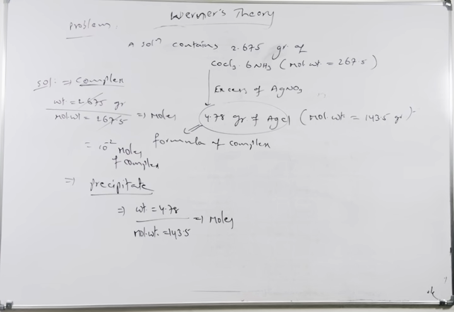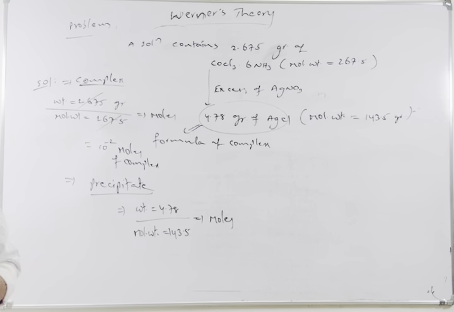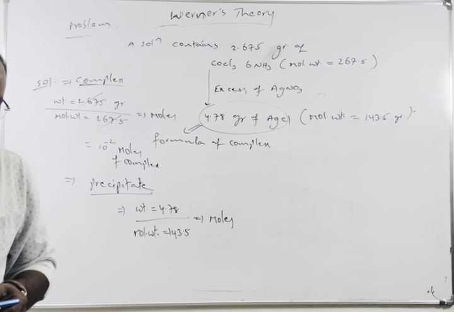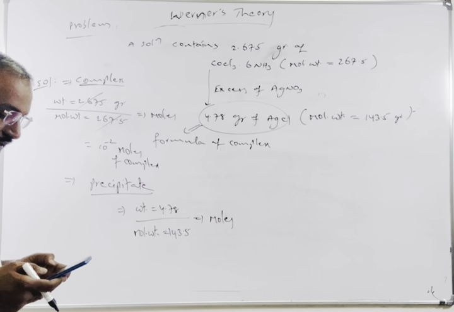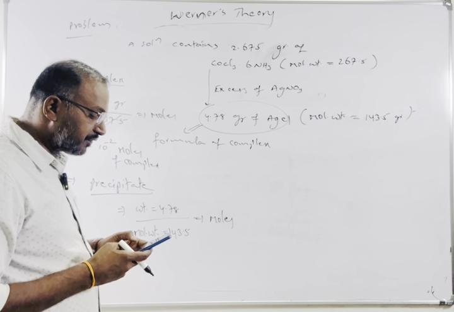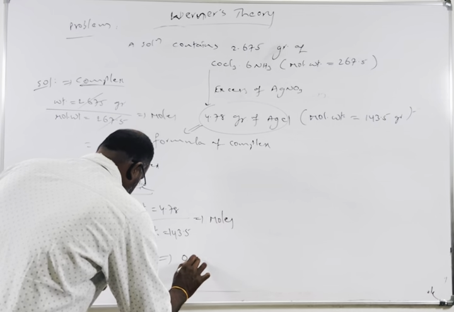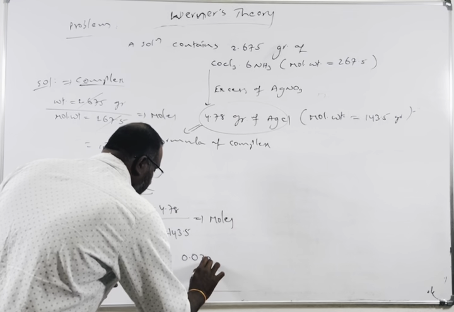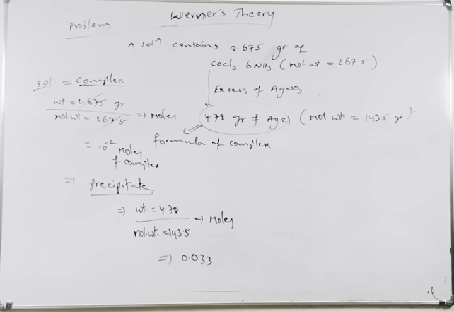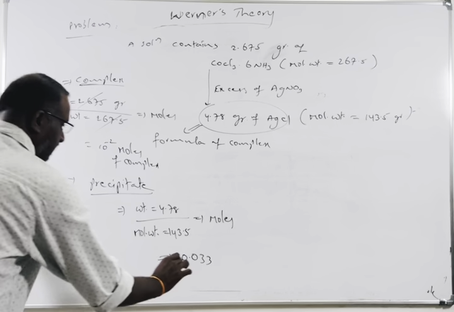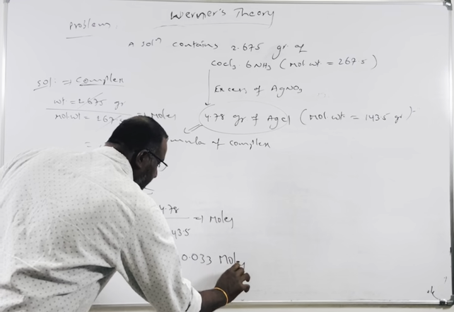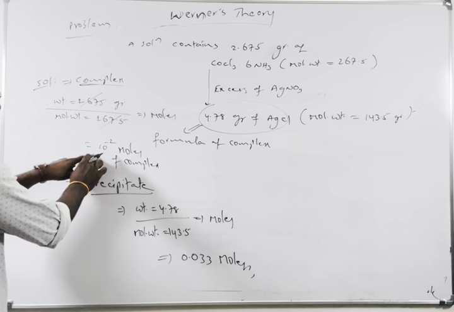Let me calculate that on the calculator. If I divide 4.78 by 143.5, I'm getting 0.033. So these are the moles of precipitate, 3.3 into 10 power of minus 2 moles.